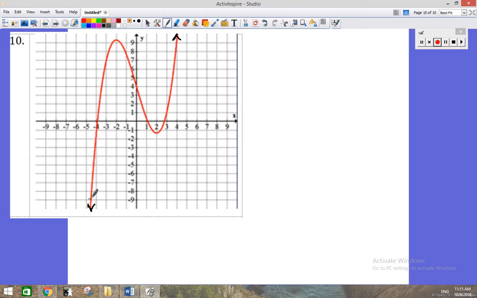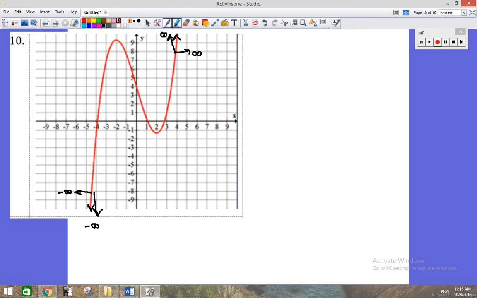On the left, since you're moving down and to the left, x is going to negative infinity, y is going to negative infinity, and here, since it's going up but also slightly to the right, x is going to positive infinity and y is going to positive infinity.